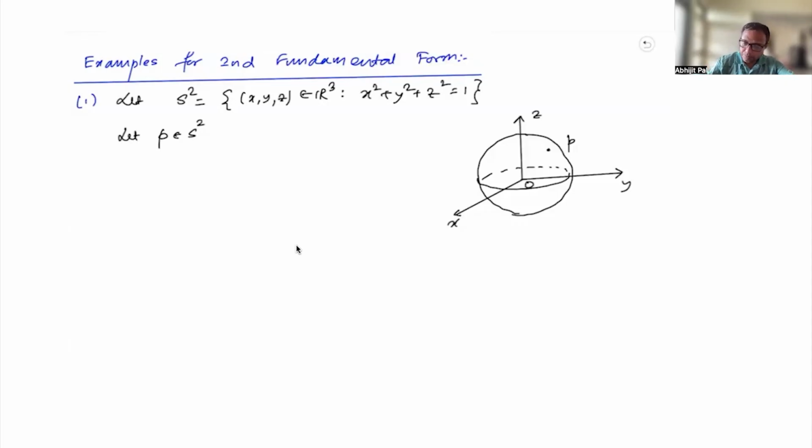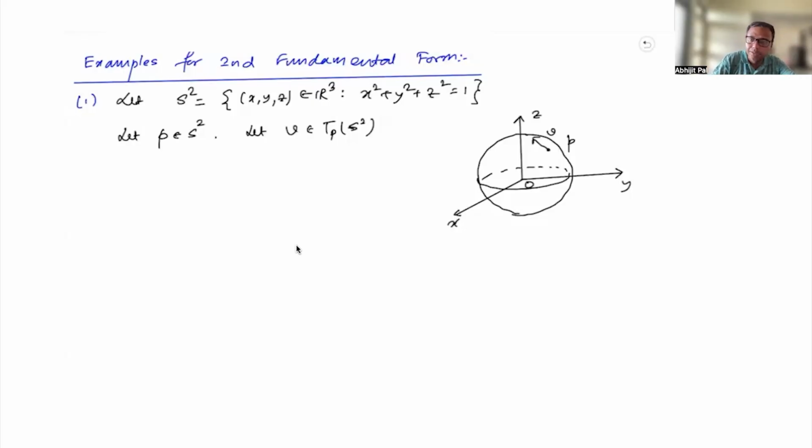And now let us take a tangent vector V. So V is a tangent vector to the sphere at the point P. So V belongs to T_P S2. Suppose this is my tangent vector V.